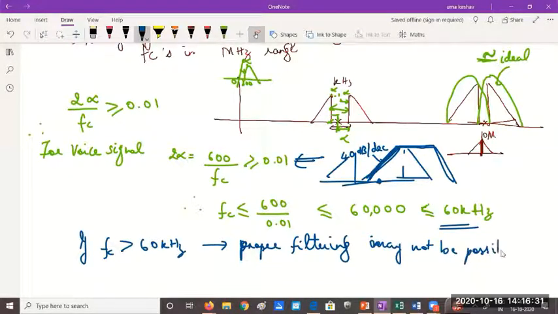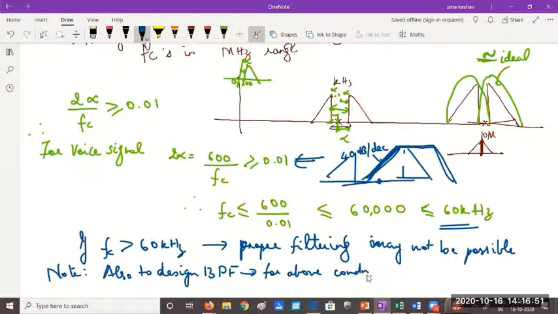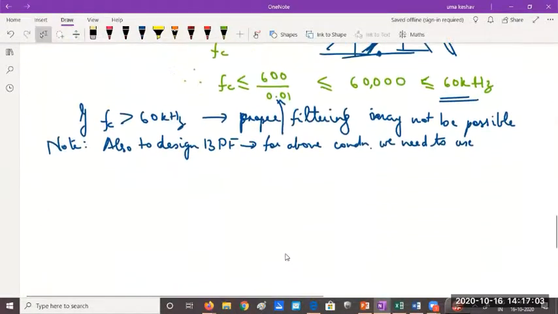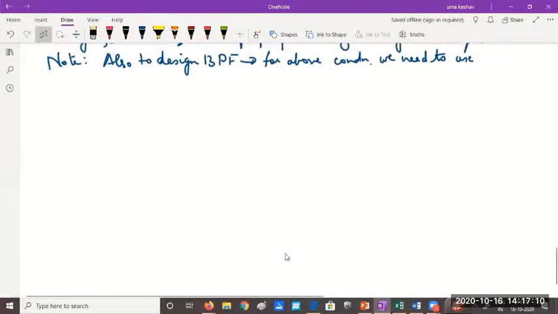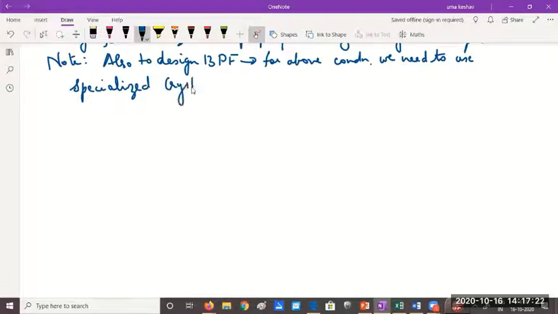Also, to design a band pass filter for the above condition, this condition I am telling, we need to use specialized crystal or piezoelectric crystal filters.